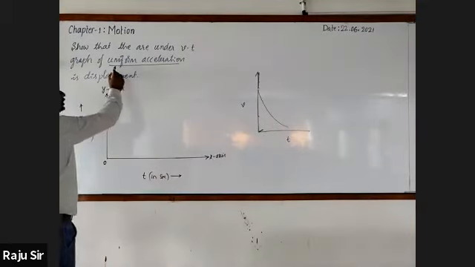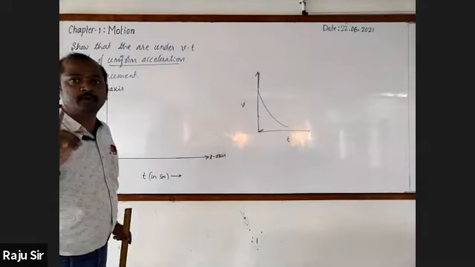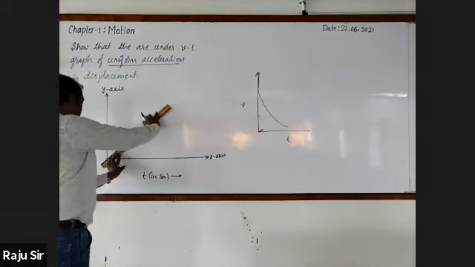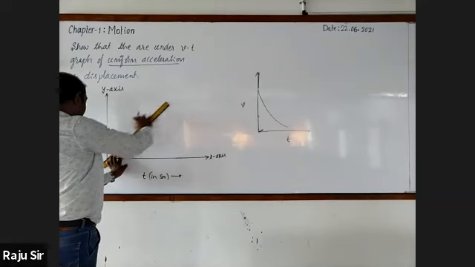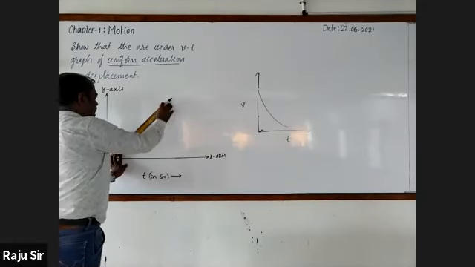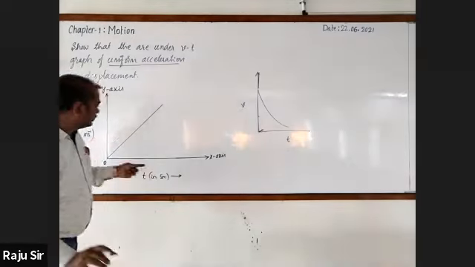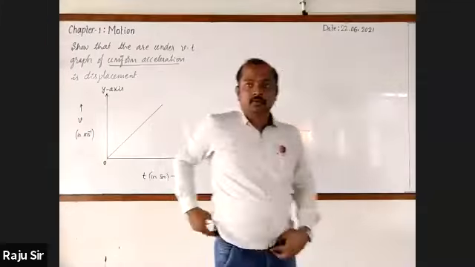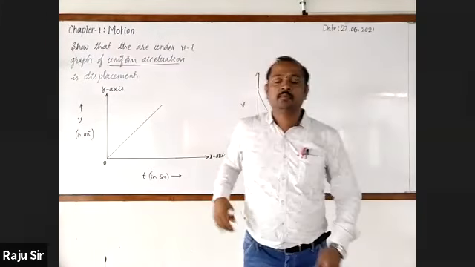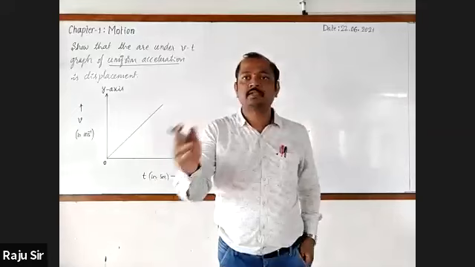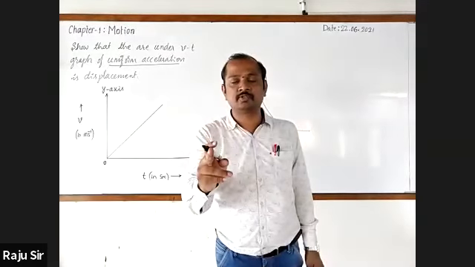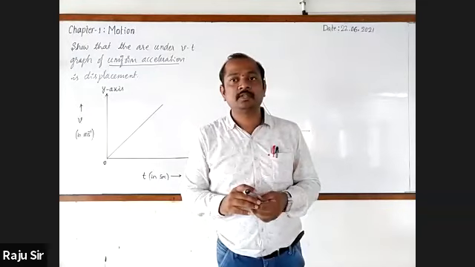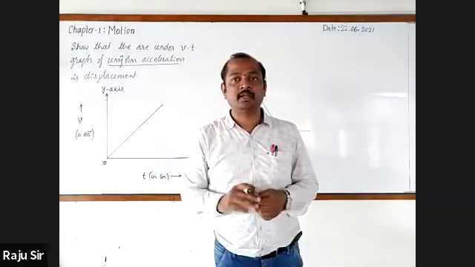Now we are going to draw the graph of uniform acceleration. Now I'll draw the graph like this. This is uniform acceleration. When a body changes its velocity by equal amounts in equal intervals of time, then its motion is said to be uniform acceleration.